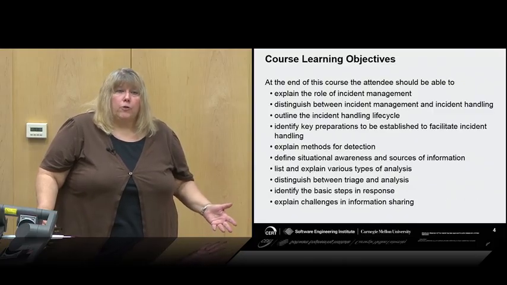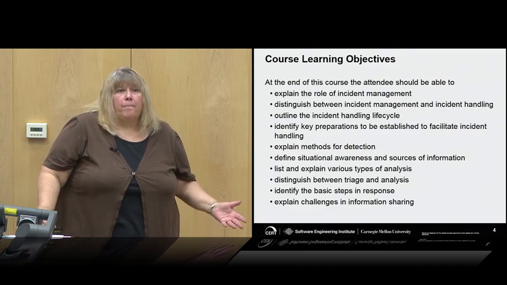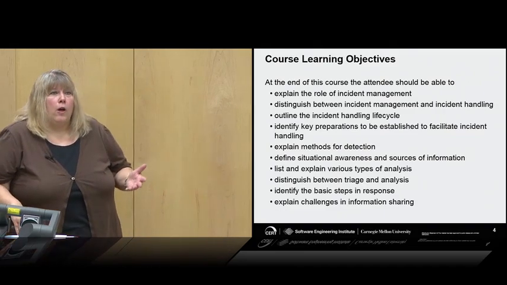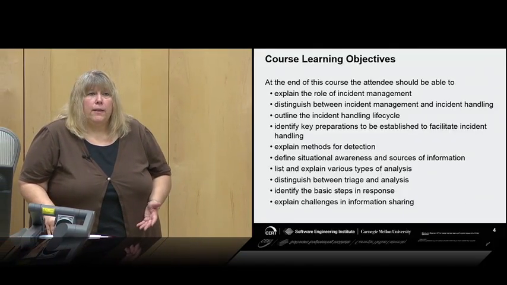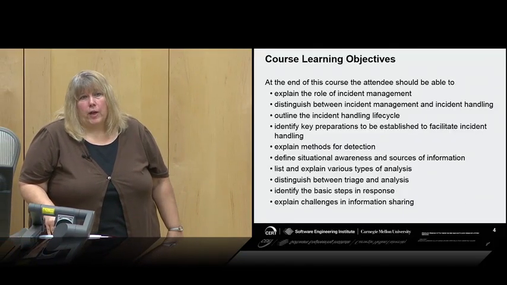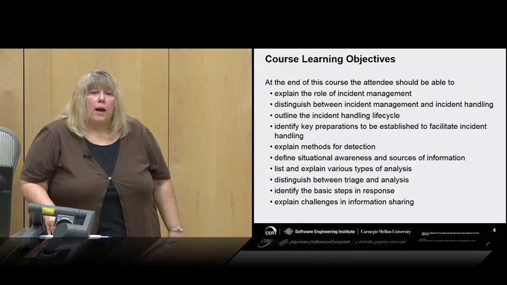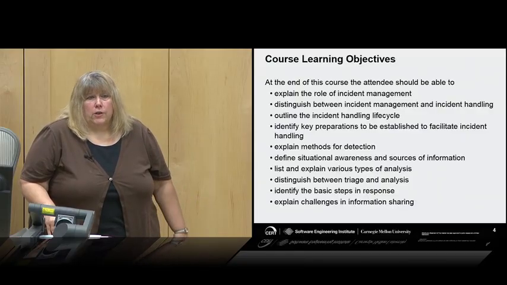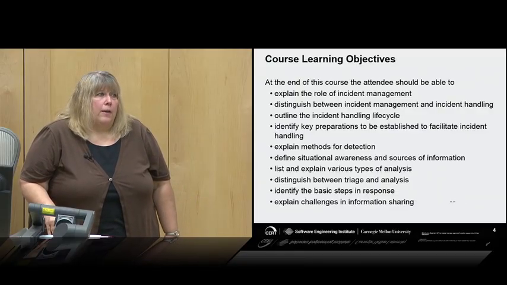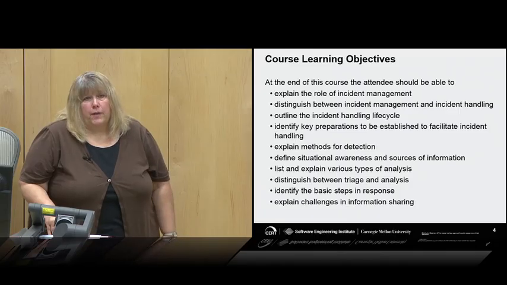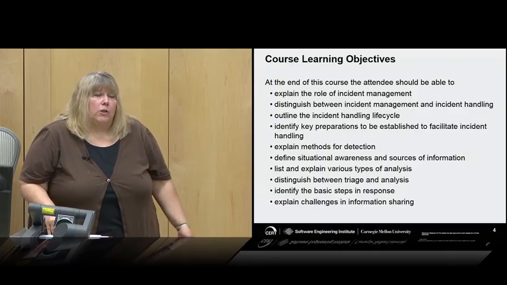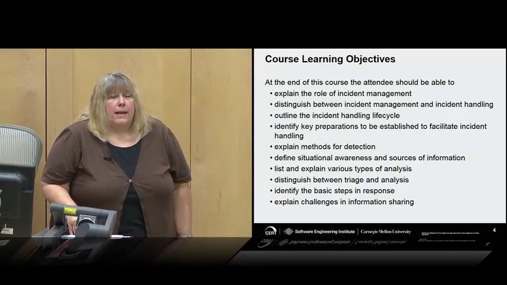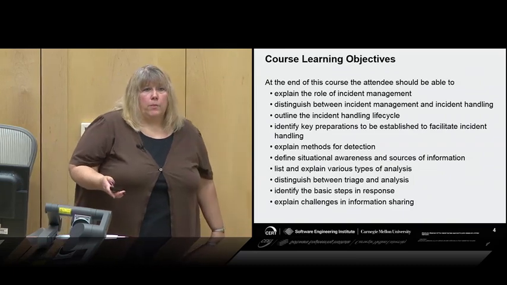You may need to publish information to a broader organization, or you may need to share indicators of the malicious activity that's been seen with others in your sector, with others in similar types of organizations, or with others just in the general public. So we'll talk about information sharing and the challenges people are facing today and the types of standardization that they're trying to do to be able to share information in a well-understood manner.